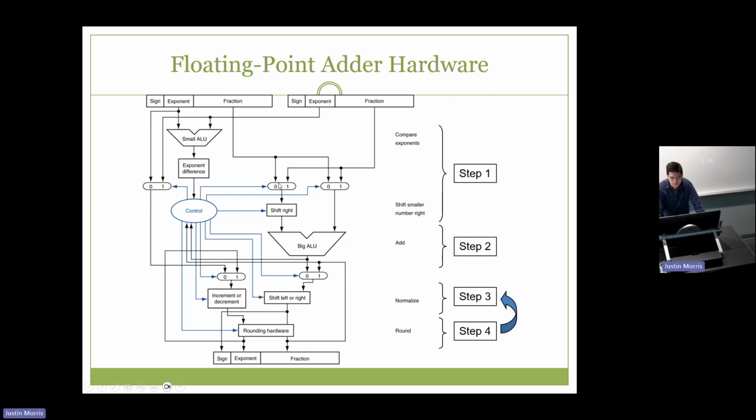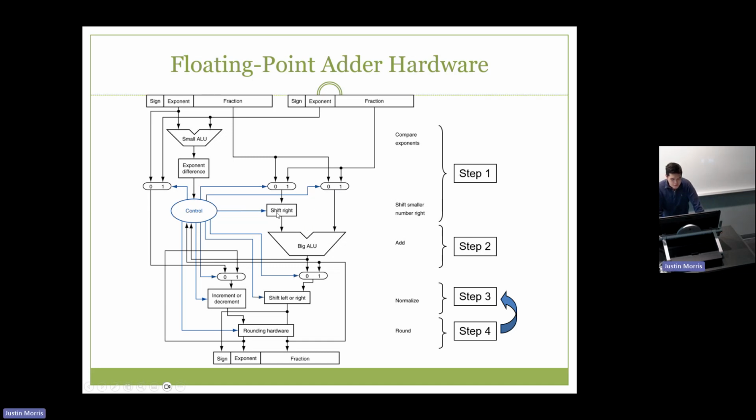So this control decides which one gets shifted. The fractions go here, and whichever one is determined to be smaller by this ALU will get input into this shifter, whereas the other one will be input just as it is. That's decided with these two muxes.